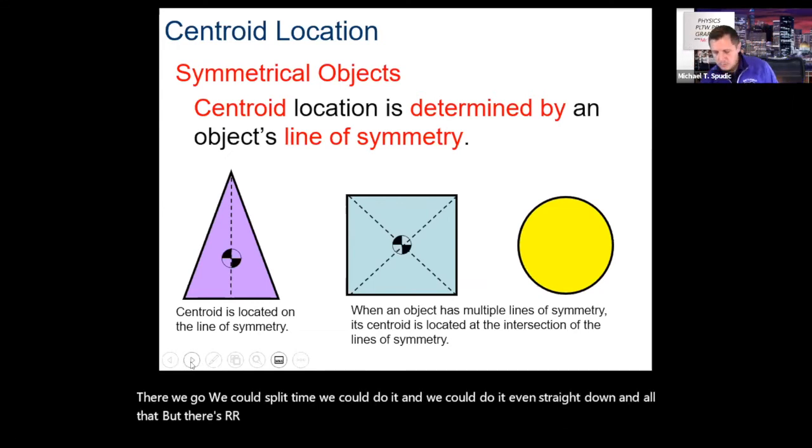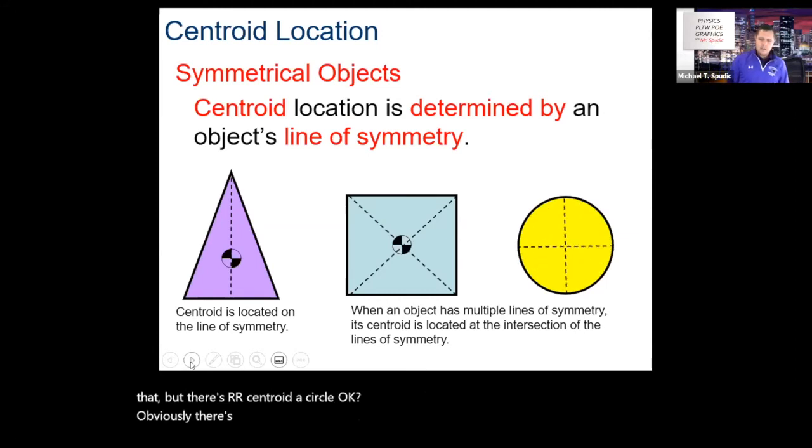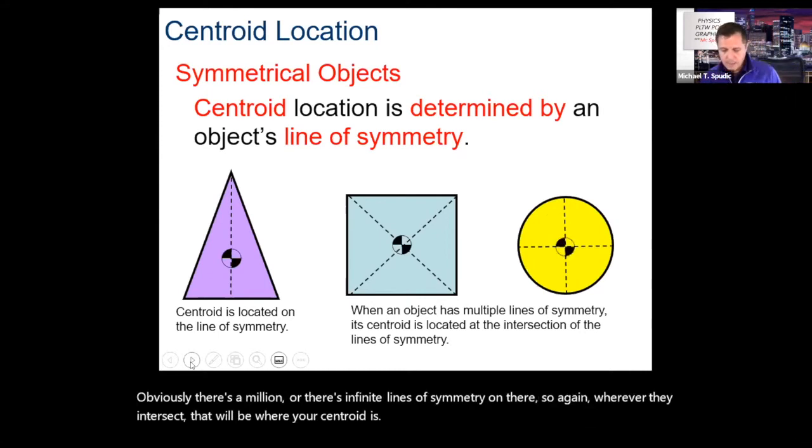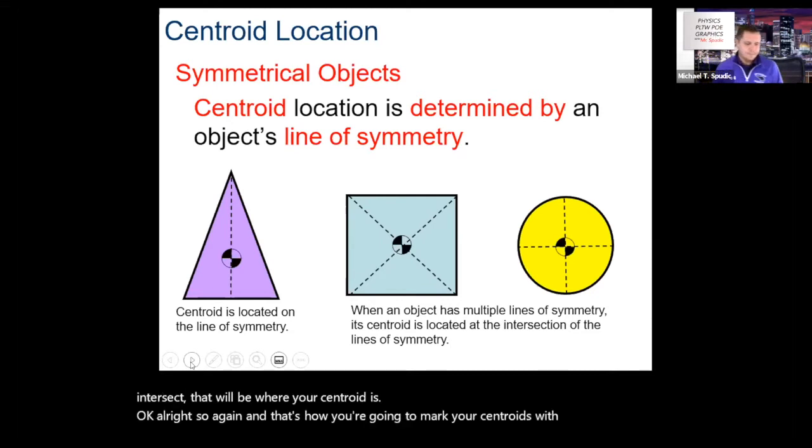A circle has infinite lines of symmetry, so again, wherever they intersect, that will be where your centroid is. And that's how you're going to mark your centroids, with that little target.